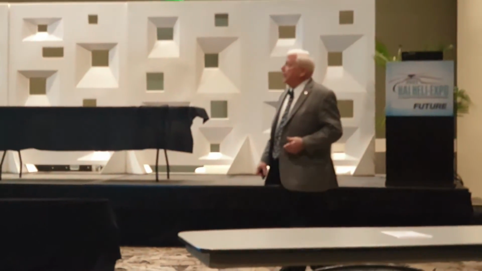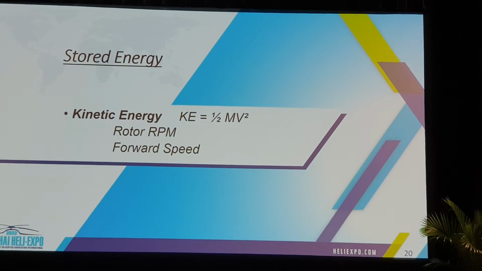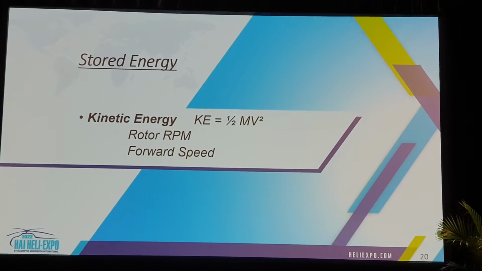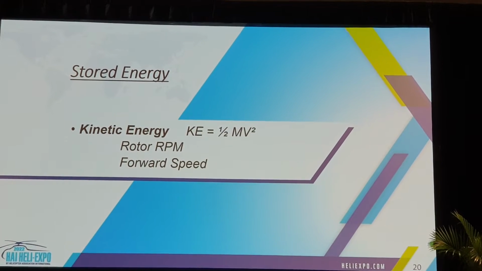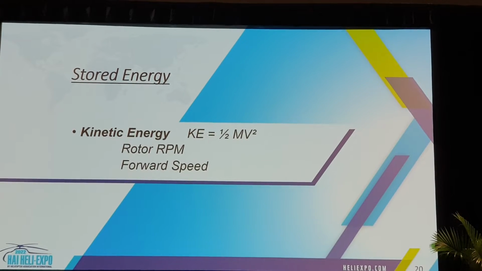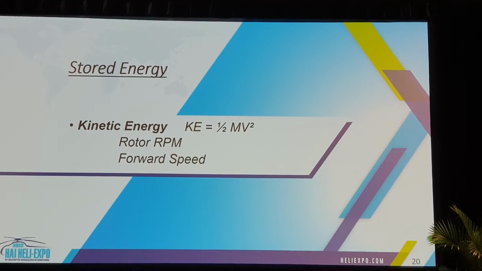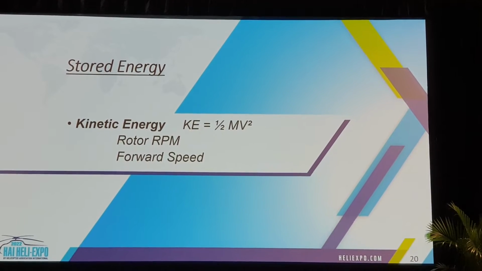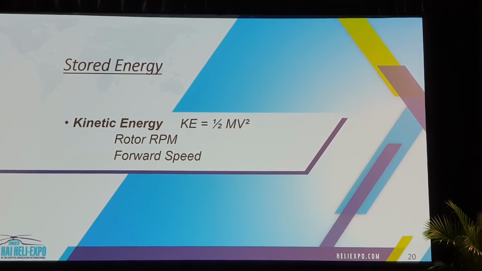Now let's talk about how, where, and when we store and use energy in an autorotation. We store two types of energy in the helicopter. The first is kinetic energy, or the energy of motion. We can calculate this kinetic energy using 1/2 mass times velocity squared. We can replace mass with weight, so 1/2 weight times velocity squared.